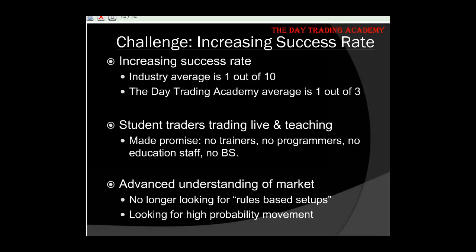I know everybody in this industry wants rules-based trading, but I think that rules-based trading is nonsense, because when you follow rules, you can't adapt to the market, right? That's why I prefer a structure, because when you are able to look for a structure, you're able to look for just high probability movement, not just quote-unquote rules for trades.